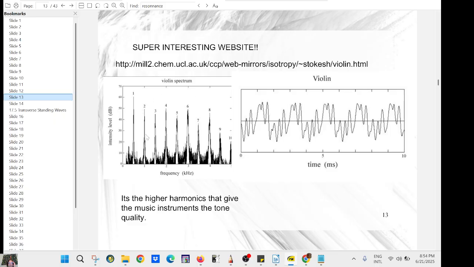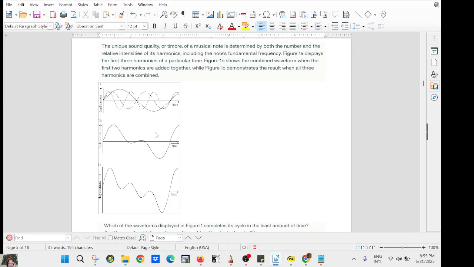For example, if you have a violin, I'm not sure what the frequency is here, but we're going to hear this frequency, even though all those overtones will be there. And the amplitude depends on how much of each harmonic is in the sound you are playing. Anyway, let's go to the problem.